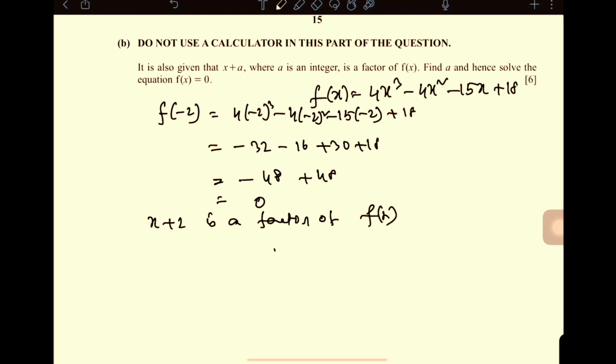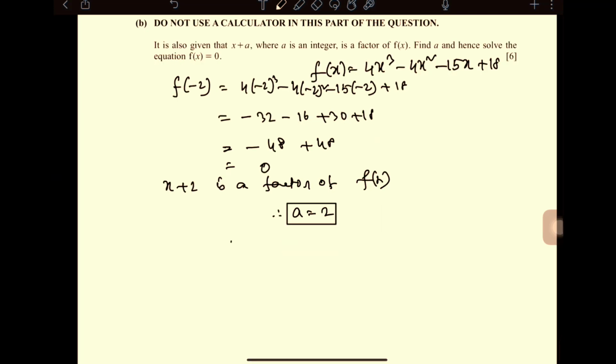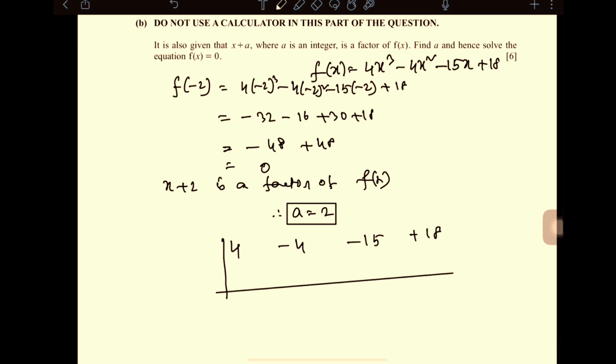So therefore a equals to 2. Let me write here minus 2.